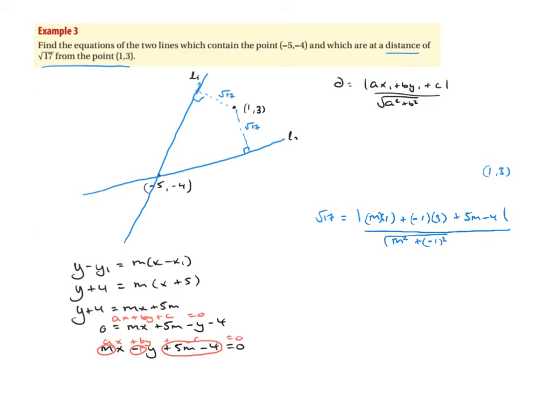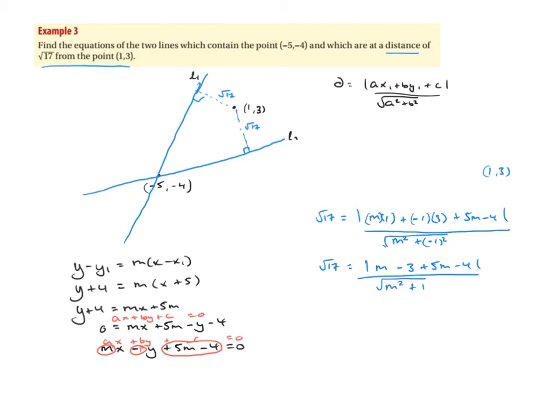And now it's just a case of tidying this up. So we've got root 17 is equal to m by 1, so we've got m minus 3 plus 5m minus 4, modulus, all over the square root of m squared plus 1.